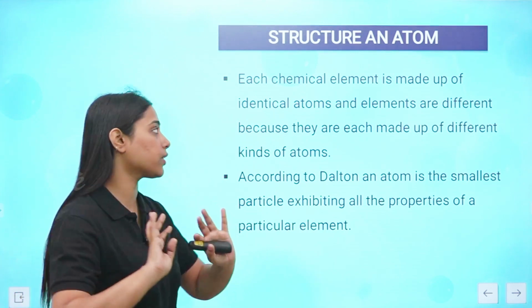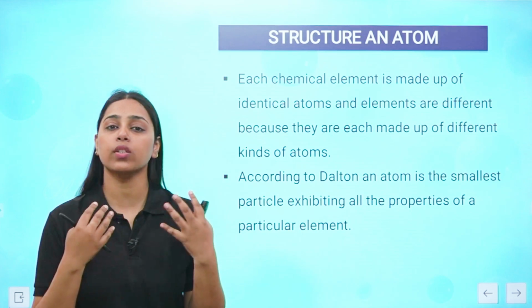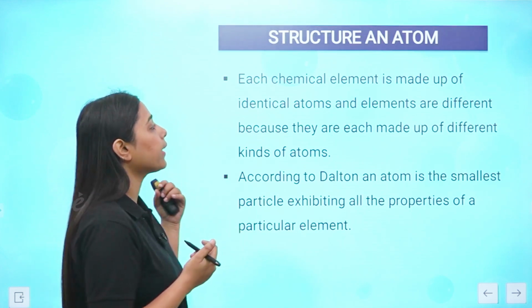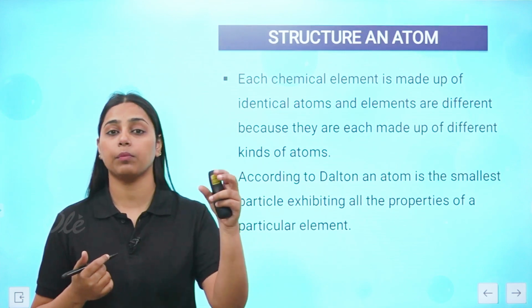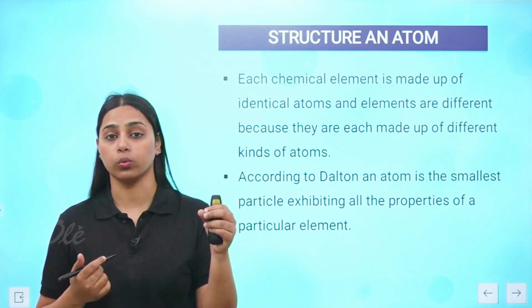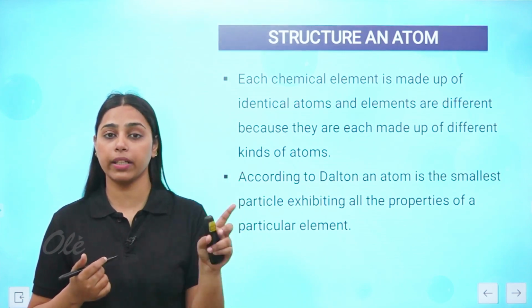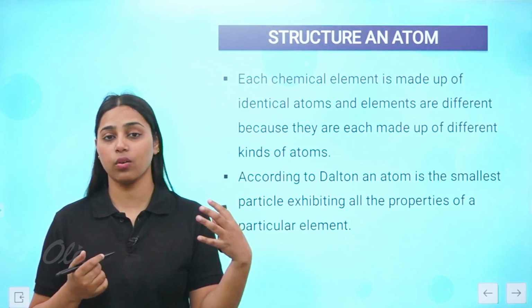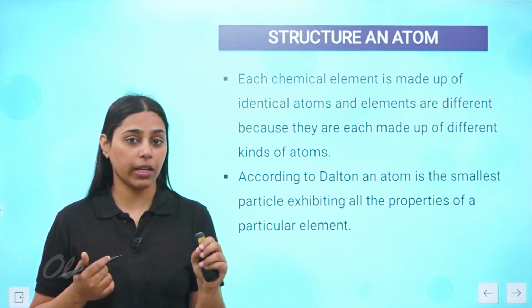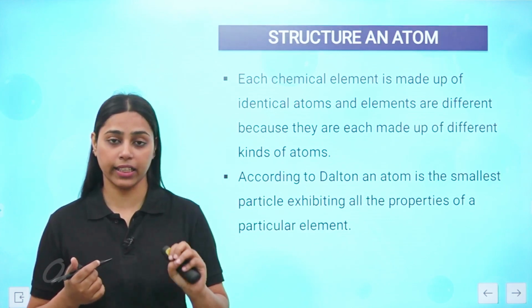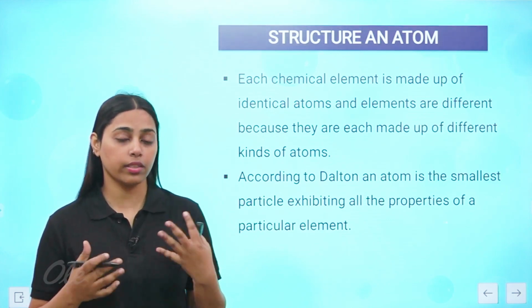We have learned all these, and John Dalton has also said the same things, that it is made up of identical atoms. Identical atoms, for example, oxygen gas, O2, is made up of two similar O atoms. Ozone has the chemical formula O3, so it is made up of three similar, identical oxygen atoms only. So this is about elements.